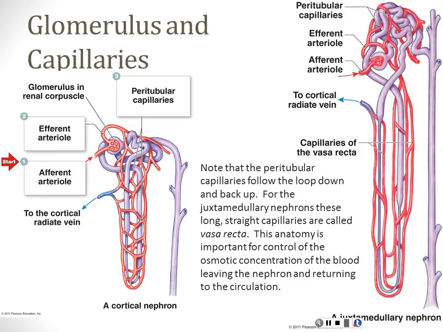Here, I'll just put a heart, right? And then we have our first capillary bed, like that. So this is the glomerulus. And that makes this the afferent arteriole.